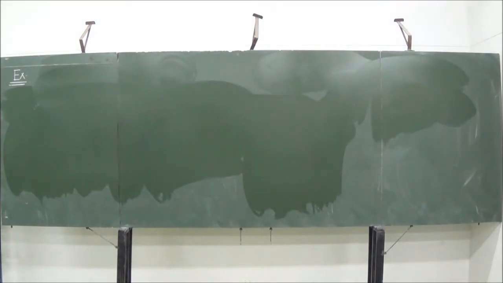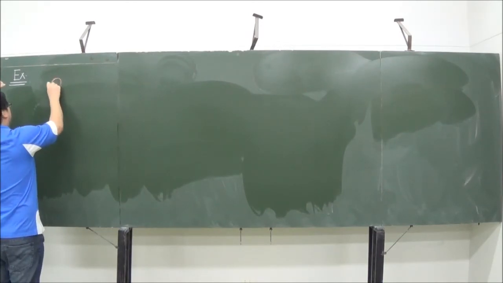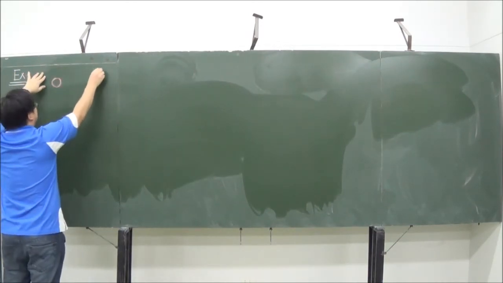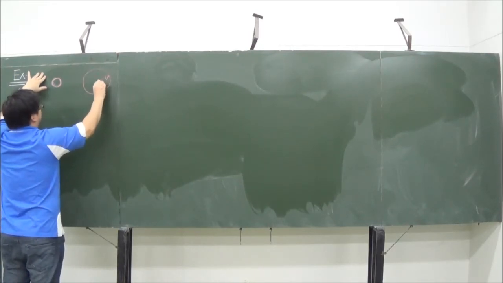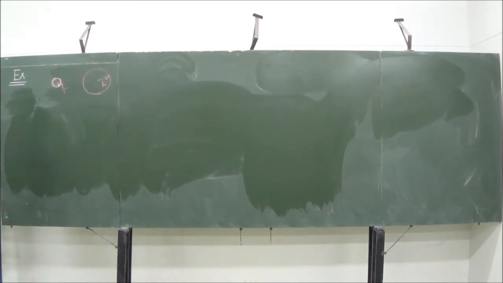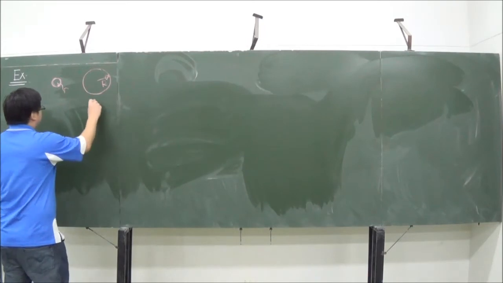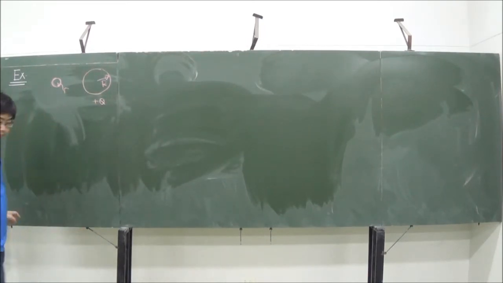Example number 2. We know that the capacitance depends on the radius. So I've got this big ball with the radius big R and this small ball with the radius small r. And what we do first, we put a total charge Q on the surface of these conductors.